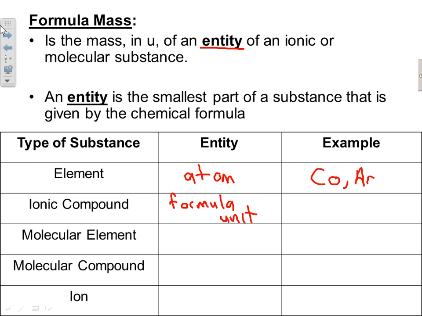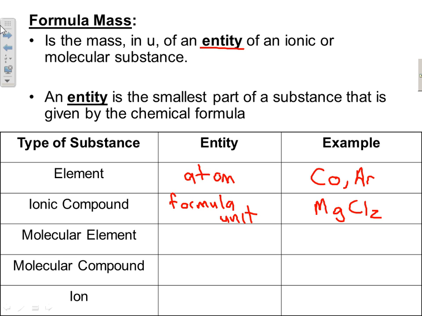Let's say magnesium chloride. You know, metal, non-metal, cross it over. So the entity that represents an ionic compound is called a formula unit. But in the end, we're going to just call them entities. We're going to lump them all together and describe them as entities, the smallest pieces of whatever it can exist.